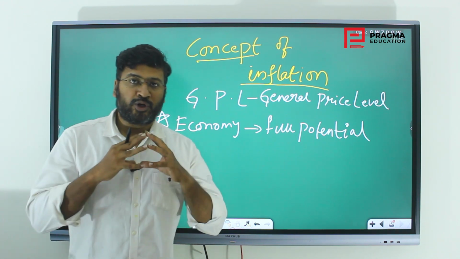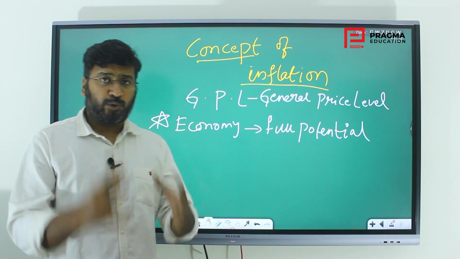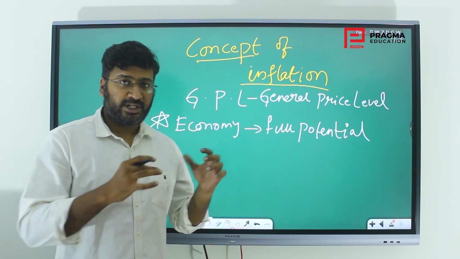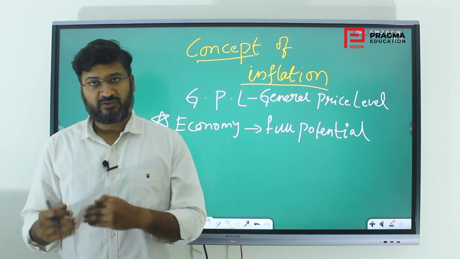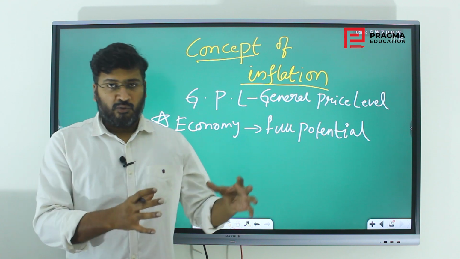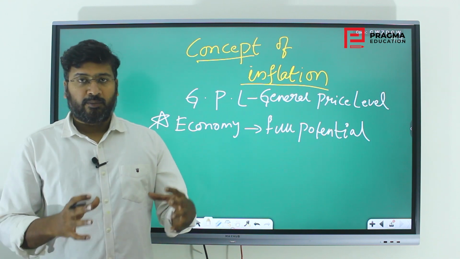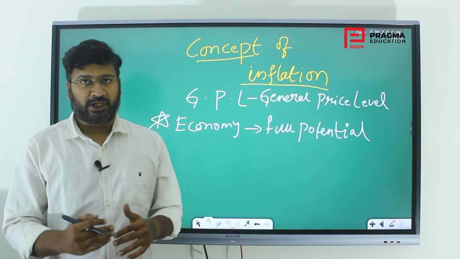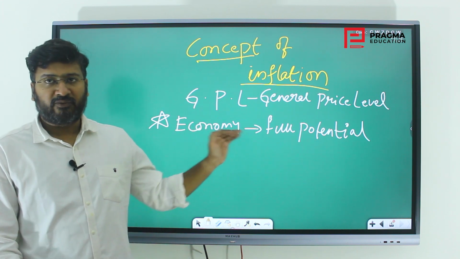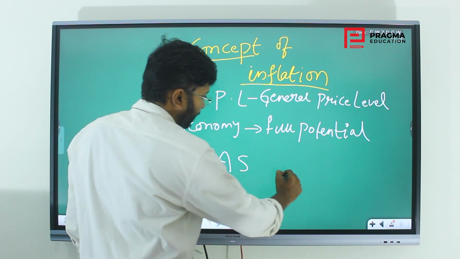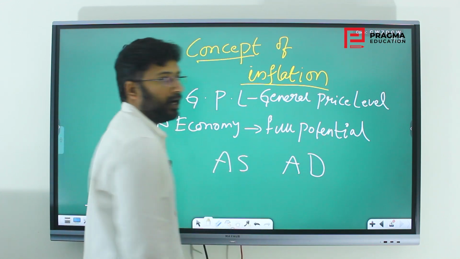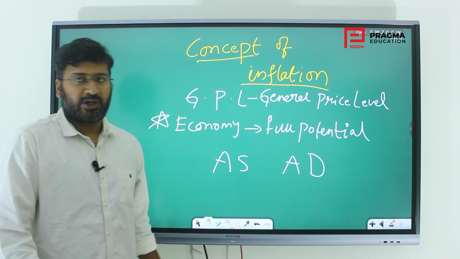It means it must be producing to the full of its potential. The supply, whatever resources we are exploiting in an economy, how we are processing it, how we are manufacturing or creating, how much potentially or with full potential the economy is working, when it is happening, and the aggregate supply and aggregate demand. We look into what these are very shortly.